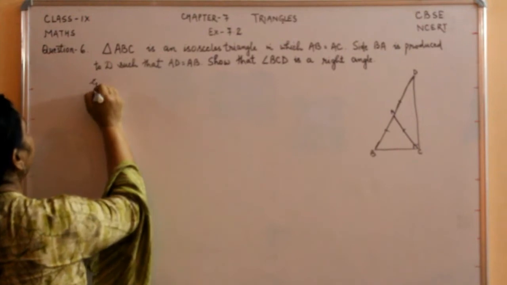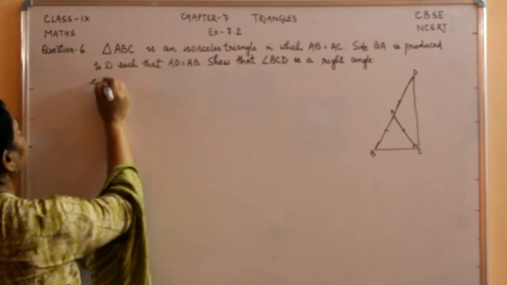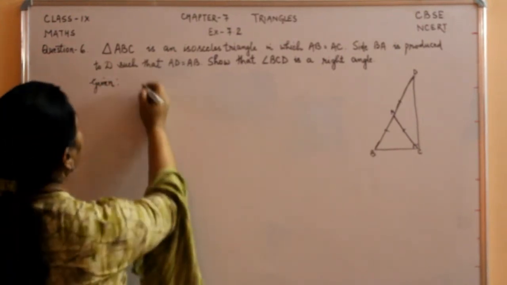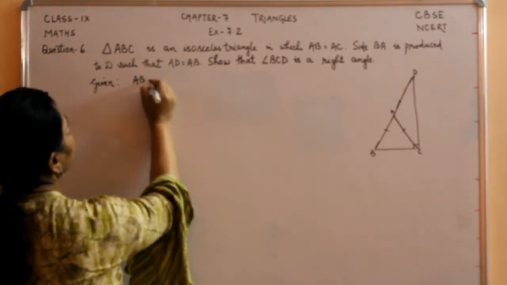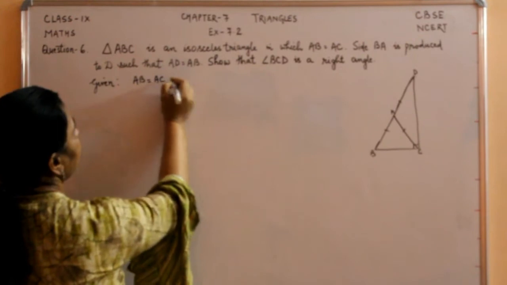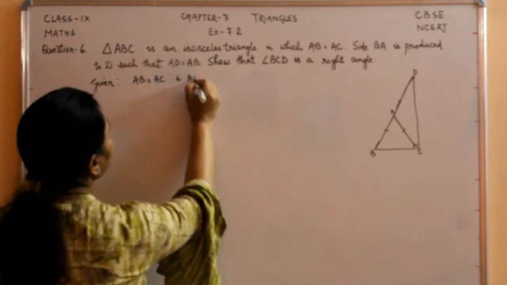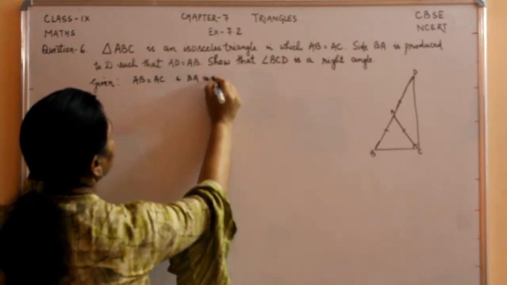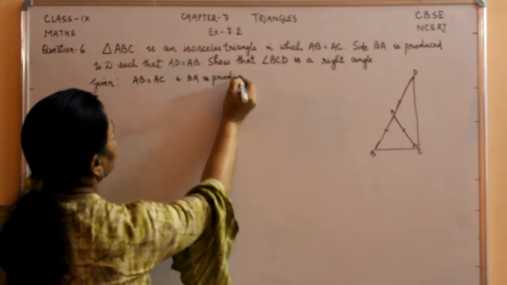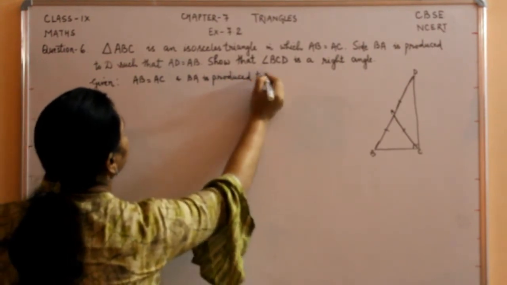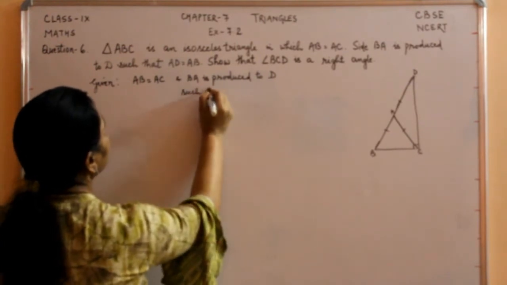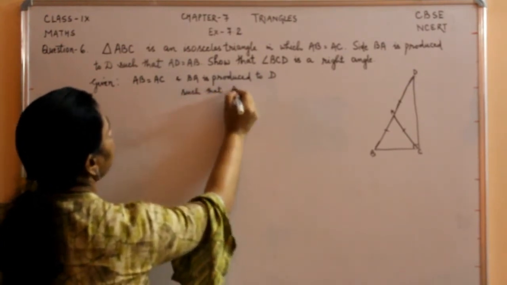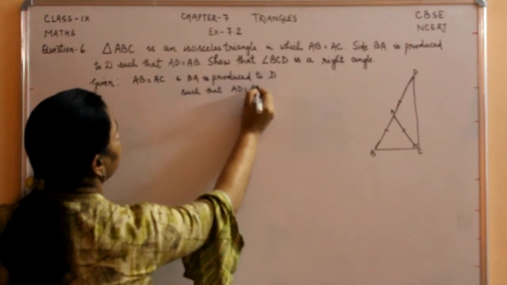So first of all we will write what is given to us. AB is equal to AC, it is given, and BA is produced to D such that AD is equal to AB.